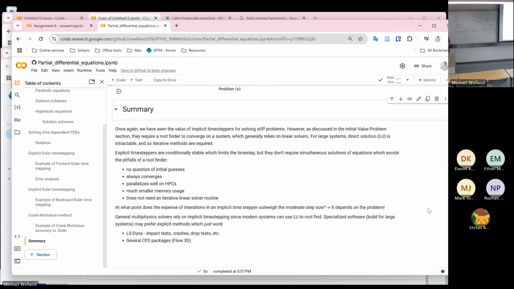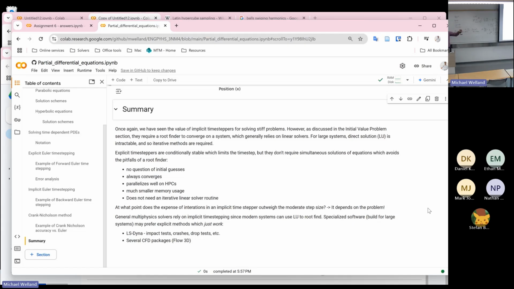Okay. Once again, we've seen the value of implicit time steppers for solving stiff equations, but they require a root finder in order to solve the system of nonlinear equations. Those tend to rely on linear solvers. What's the default linear solver that everybody wants to use? LU, right?